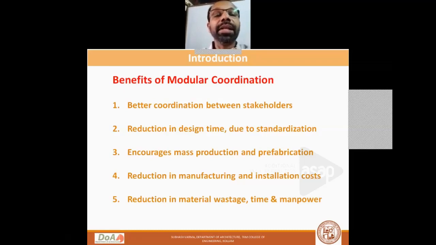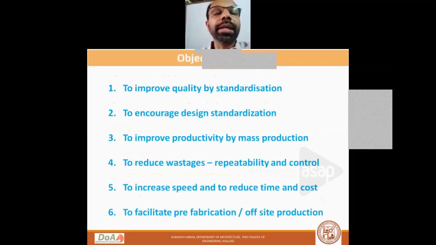And then there is a reduction in manufacturing and installation costs because all kinds of overheads can be minimized. Then there is a reduction in material wastage, time and manpower. So the whole process can be run very systematically to ease the construction process and also to reduce the time and cost. And there are six objectives associated with modular coordination.